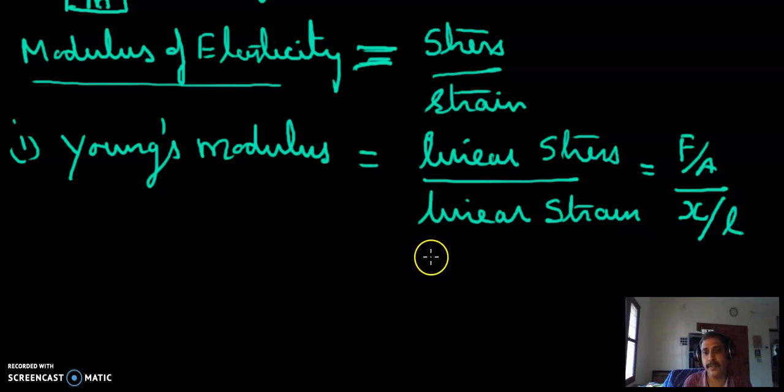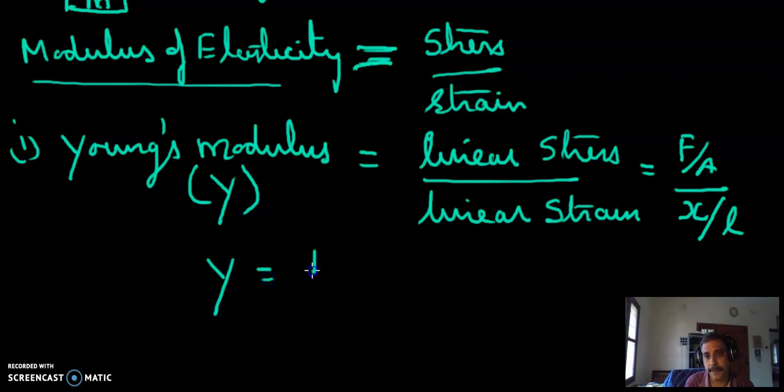Young's modulus is denoted by the letter Y. Therefore, Young's modulus is nothing but F, and if we bring the L up, it becomes FL by xA.